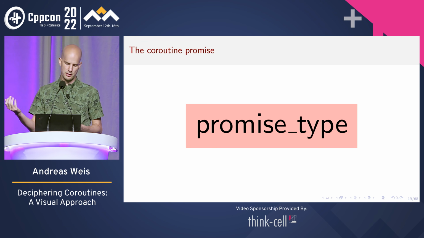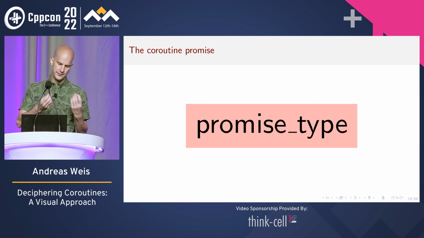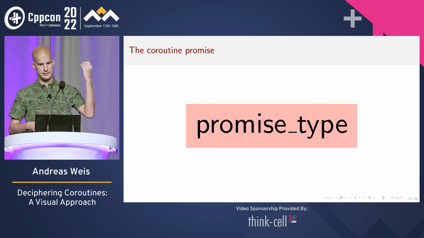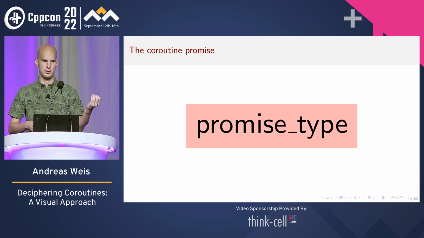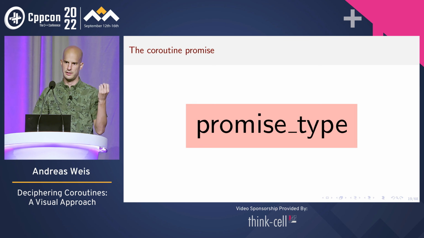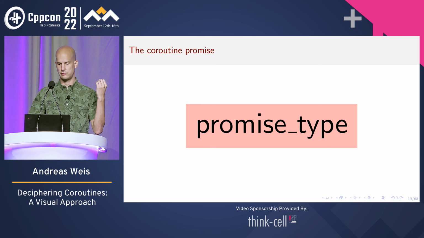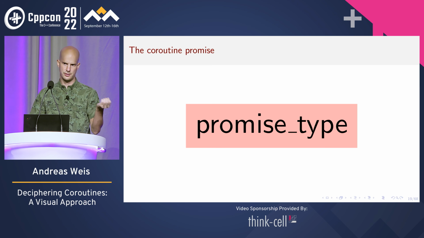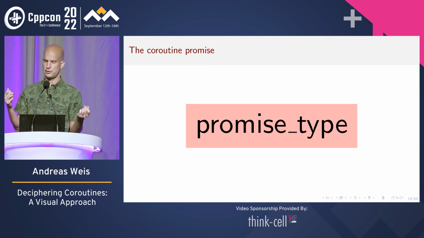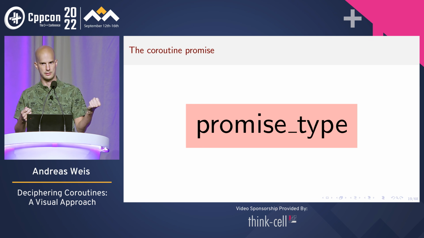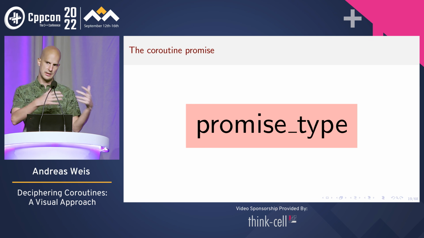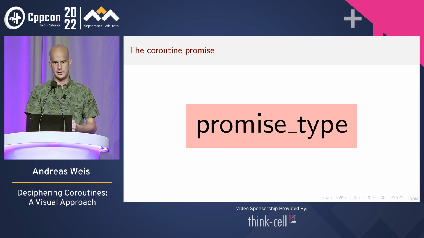With futures and promises, the future is the thing that the function hands back to the caller, that the caller can use to retrieve the result. So the future in our terms here has the role of the return object. It has a get member function, and that gives you the value back.